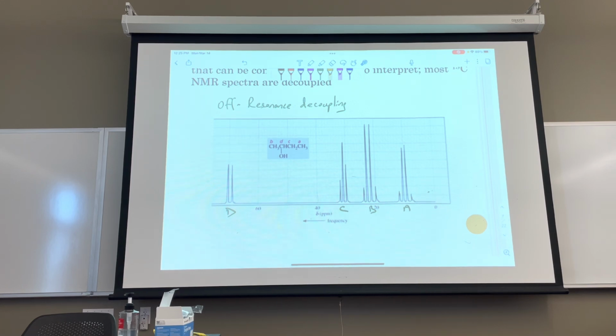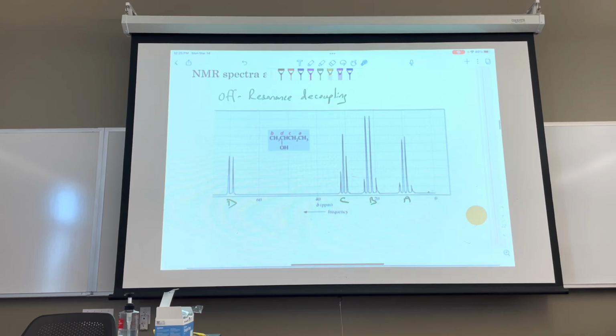Integration in C-13 NMR fluctuates quite a bit, and I'll give it away: we don't integrate carbon peaks. That's another one of the simplifying factors in C-13 NMR: there's no integration because it's not consistent. There's really no rhyme or reason in predicting integration in C-13 NMR. Okay, any questions on how we identify those peaks in the off-resonance decoupled spectrum?